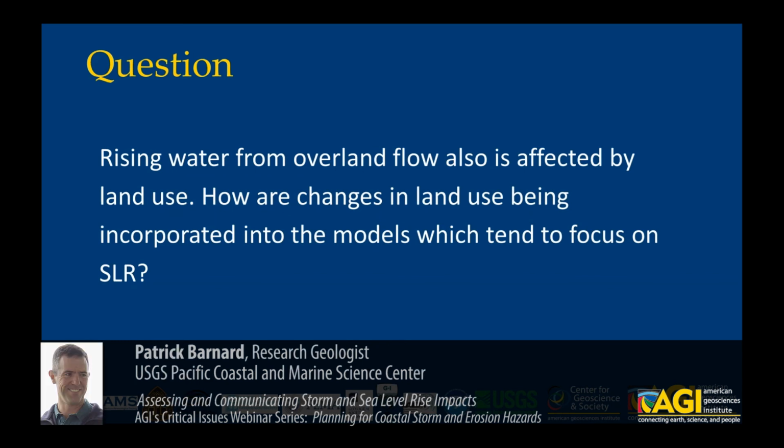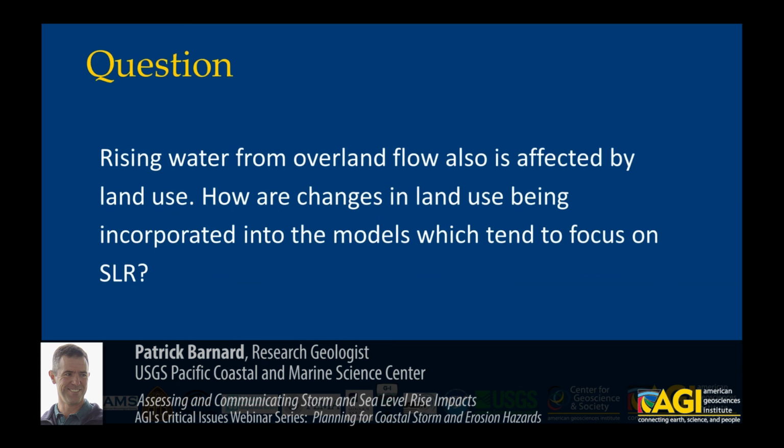In CoSMoS, we definitely evolve the coast, so it dynamically responds to sea level rise and storms. However, I'm not aware of any comprehensive models that really look at future changes in land use throughout the U.S. I'm sure there are a few local efforts that look at those changes in terms of hardscape versus softscape.